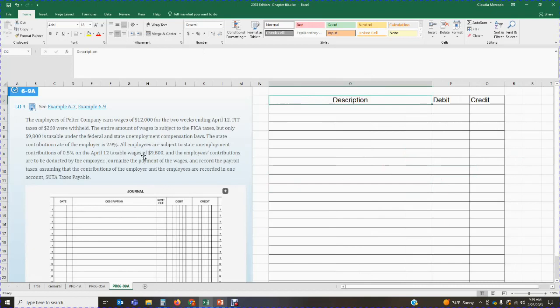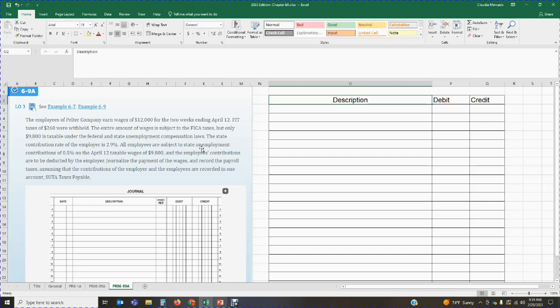So it says the employees of Pelter Company earn wages of $12,000 for the 2 weeks ending April the 12th. Federal income taxes of $260 were withheld. The entire amount of wages is subject to FICA taxes, but only $9,800 is taxable under the federal and state unemployment compensation laws. The state contribution rate of the employer is 2.9%.